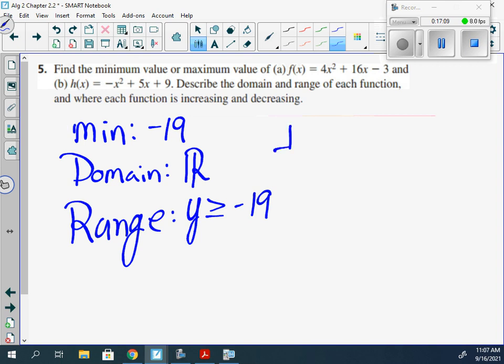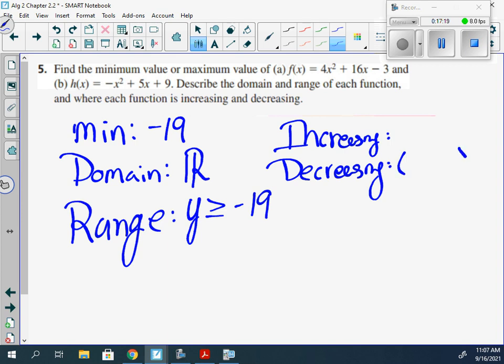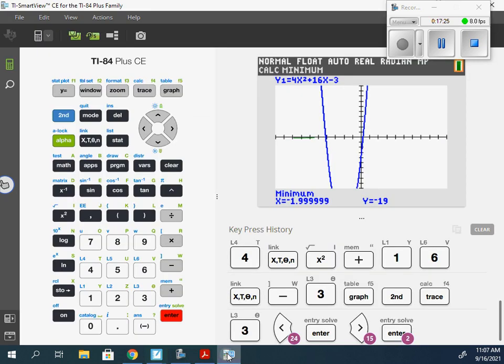And the last part is our increasing and decreasing. So coming from the left on the x-axis, until we hit negative 2, is the function increasing or decreasing?